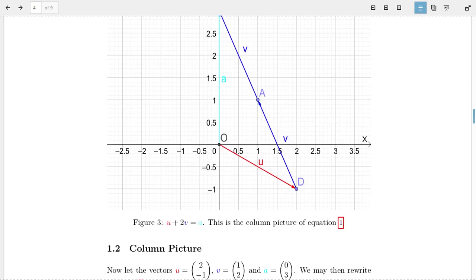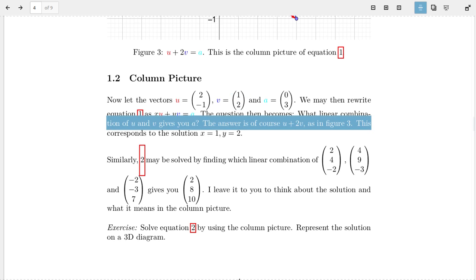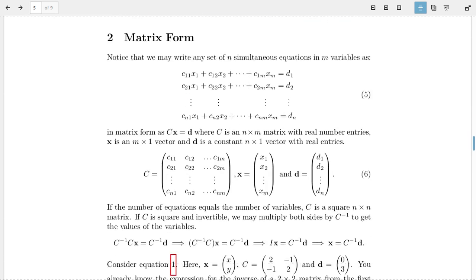There's a slight typo here. I'll fix the typo in the updated version. V should be equal to minus 1, 2, not 1, 2, because notice that the blue vector is pointing in the negative x direction. So the x component must be negative.